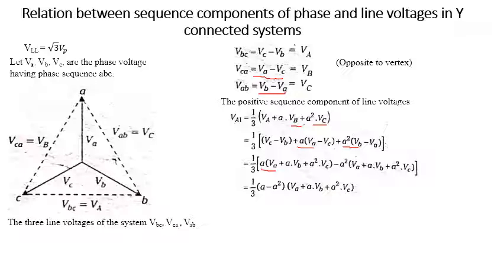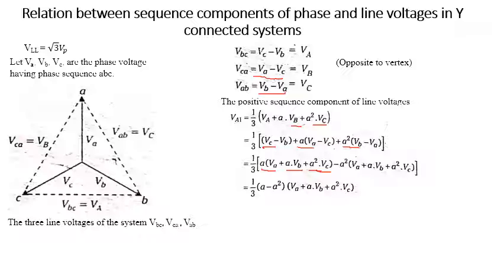Here this is A square into VB. Already we have A and we will multiply by this A, so the resultant will become A into VB. The next term is VC. Already A is there, if I multiply by A square, that will become A cube. A cube is nothing but 1.